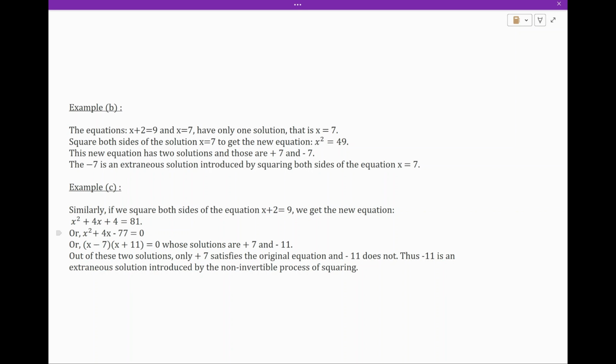If we factorize this, we get (x minus 7) multiplied by (x plus 11) is equal to 0, and the solutions are plus 7 and minus 11. Out of these two solutions, only plus 7 satisfies the original equation and minus 11 does not. Thus, minus 11 is an extraneous solution introduced by the non-invertible process of squaring.